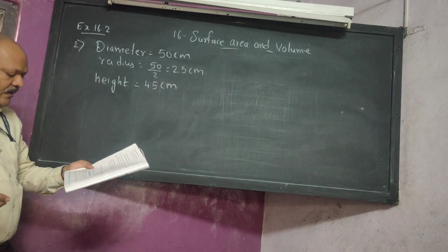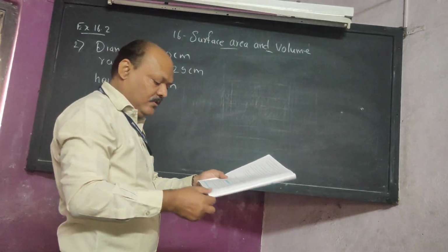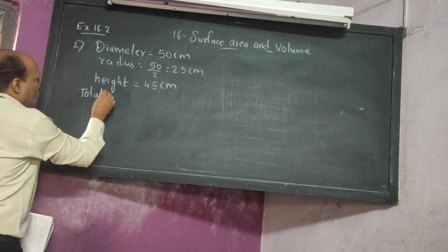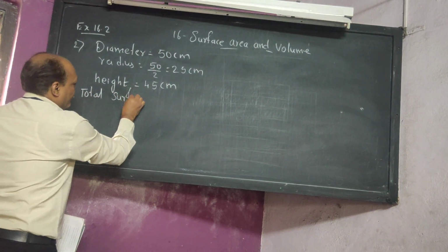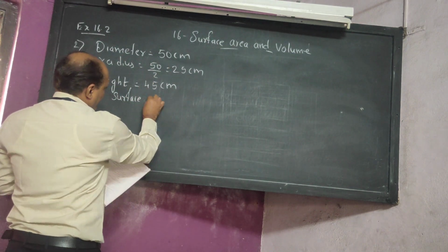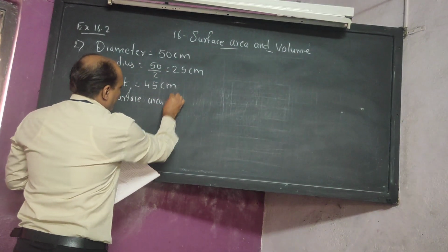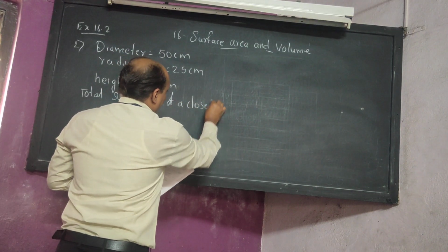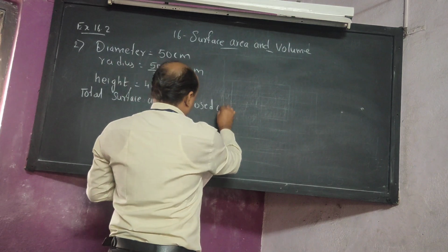We have to find the total surface area of a closed cylindrical drum.